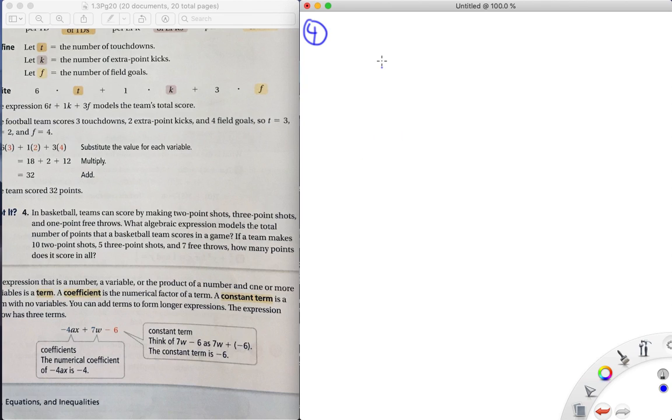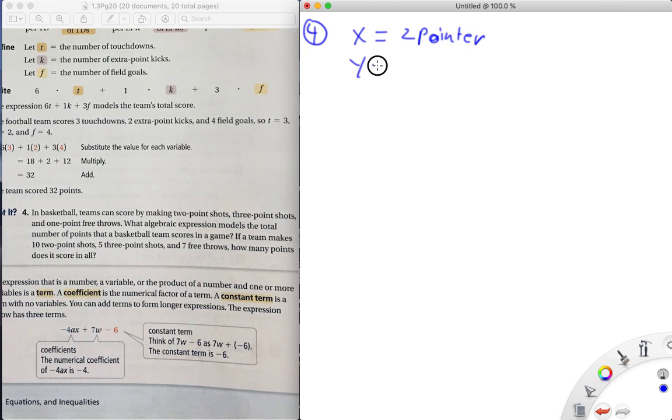So we have, let's use X for a 2-point basket. I'll just say 2-pointer.